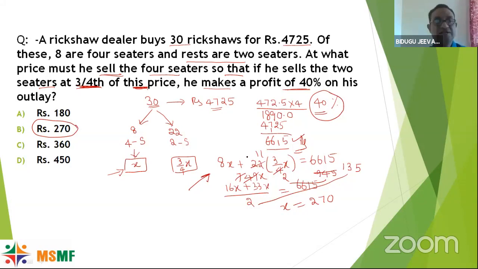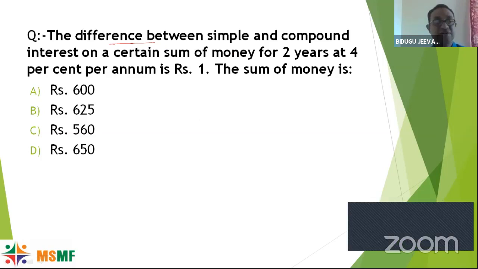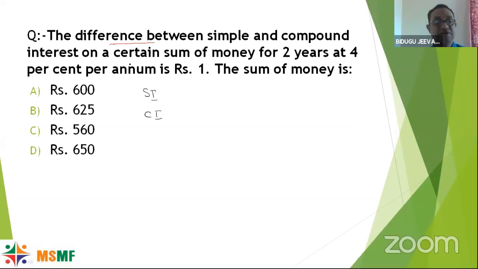Now, read the question properly. Difference between simple interest and compound interest on a certain sum, say P of money, for 2 years at 4% per annum.